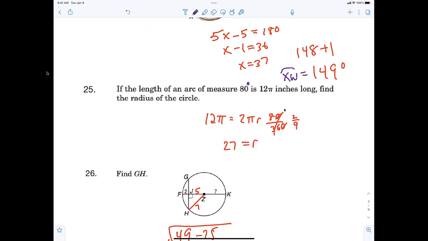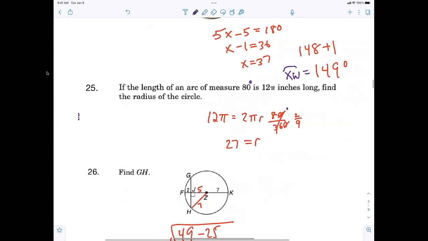Now, for those of you guys who maybe need to see it again, arc length is 2 pi r times n out of 360. Anybody have any questions with that? Nobody?